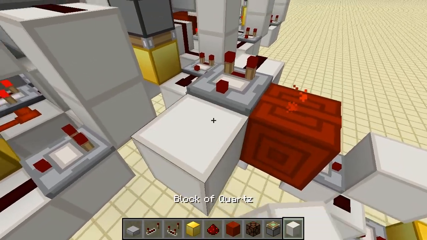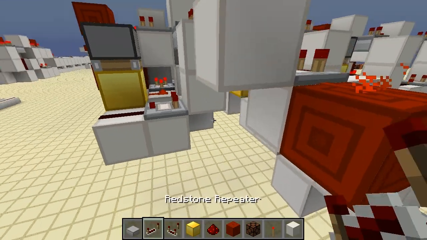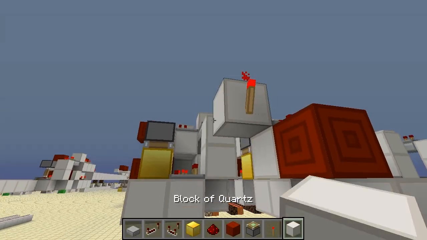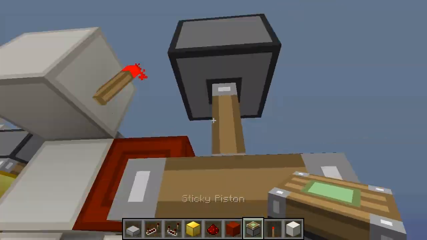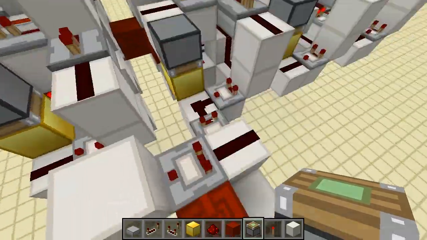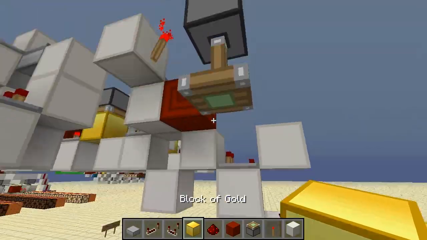And then we can stick a block here, and a torch. Put a torch there. So this sticky piston will only be retracted if the input or the output of this circuit is 15. That's nice to know.